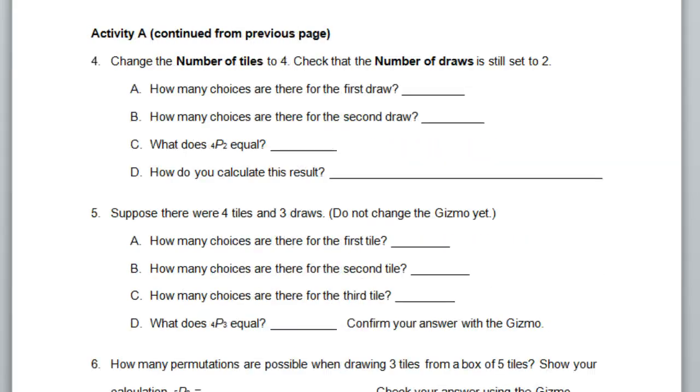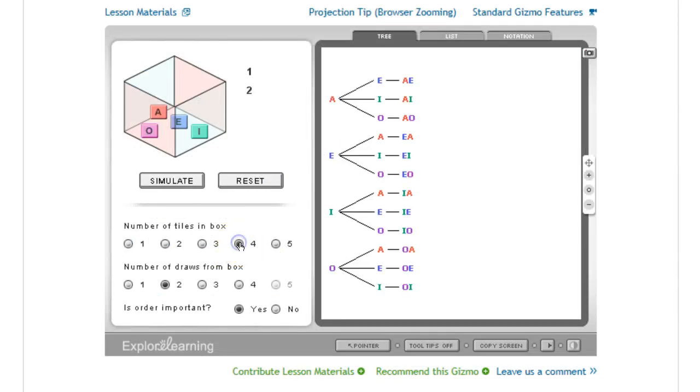So moving on to question 4 in activity A, which caused some of you some problems. We're going to change the number of tiles to 4, and we're going to keep the draws at 2. And we're asked how many choices are there for the first draw and how many choices are there for the second draw. Increasing the number of tiles in the box to 4, keeping the draws at 2, and keeping order important.